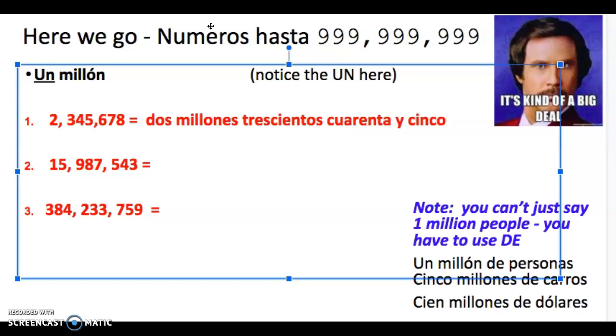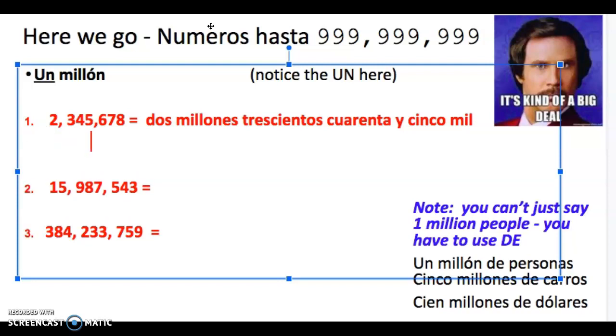And notice that my comma is there and I'm in the thousands, so mil. And then I write 600, 678, 78. And that's my number. So I just write it like I say it, and you can see now why you have to know your vocabulary, because if you don't, you won't know how to say the words.